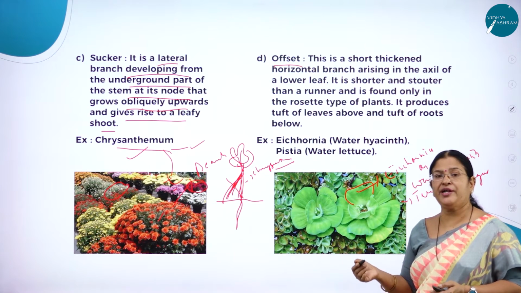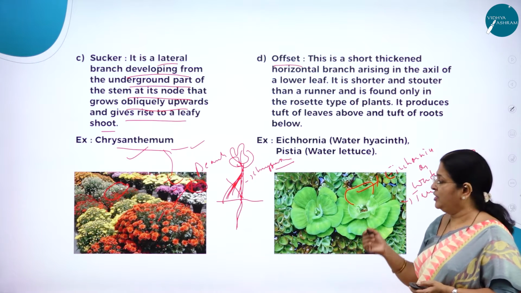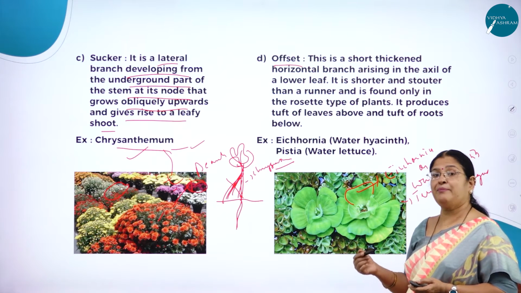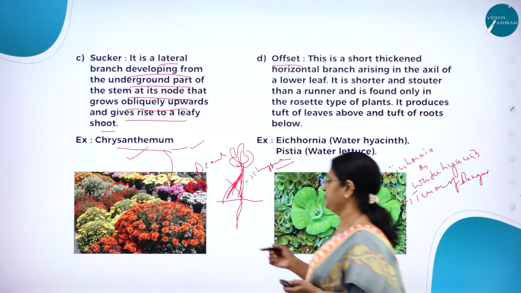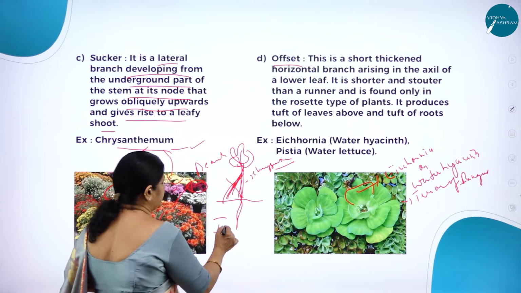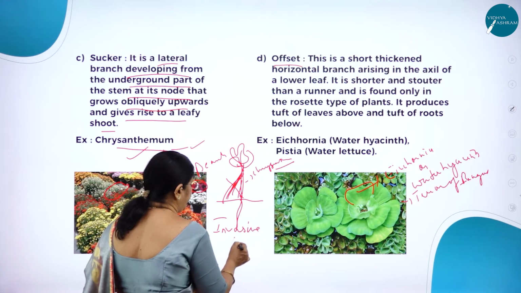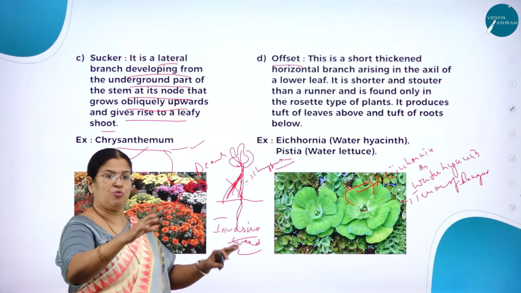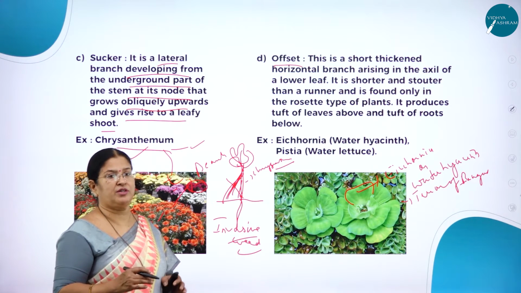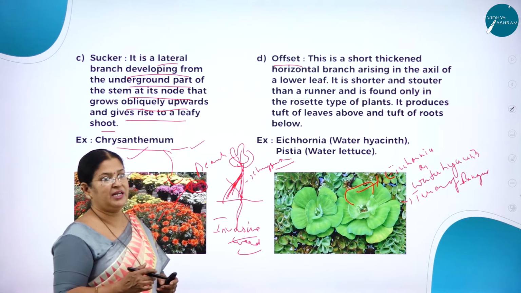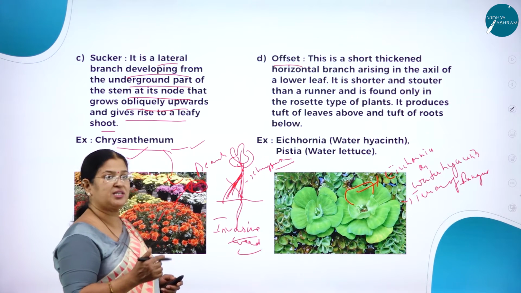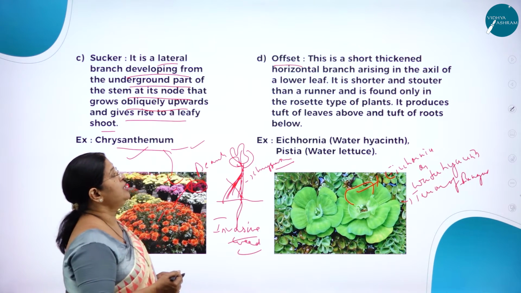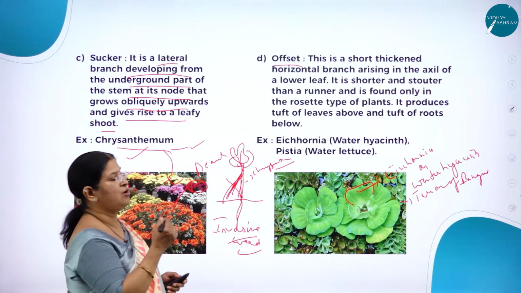It was brought to India because of its beautiful leaves, but now it has become an invasive weed. What do you mean by invasive weed? It spreads all over the water surface, depleting the water of oxygen and thereby killing the aquatic animals. So it is called the terror of Bengal.